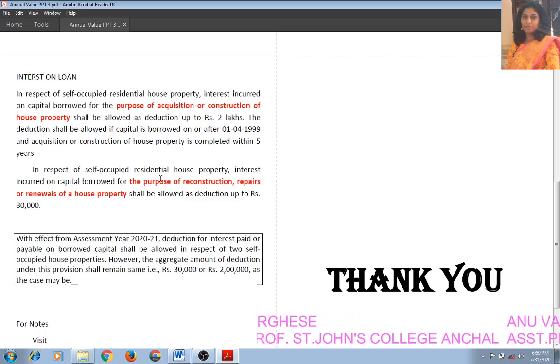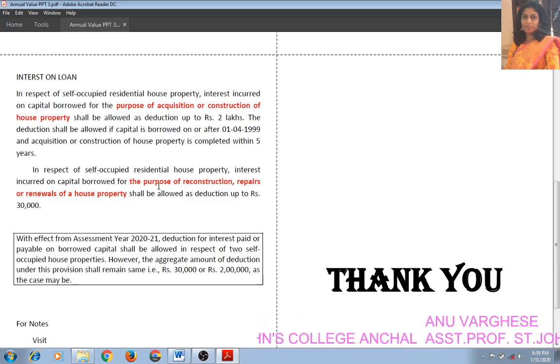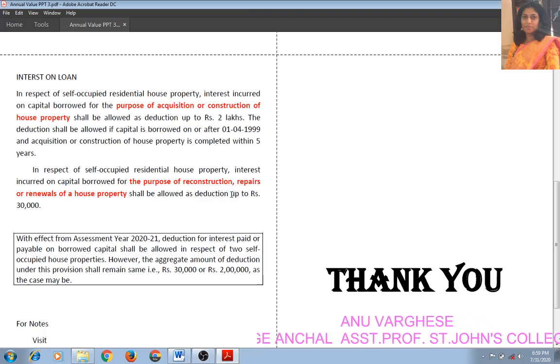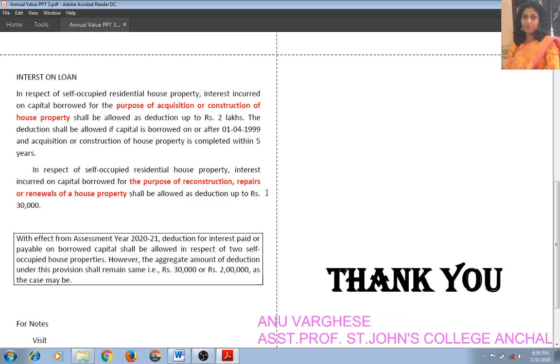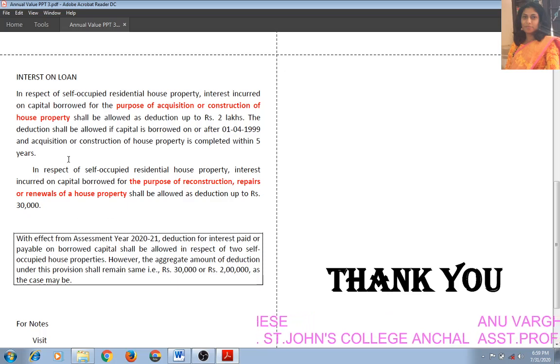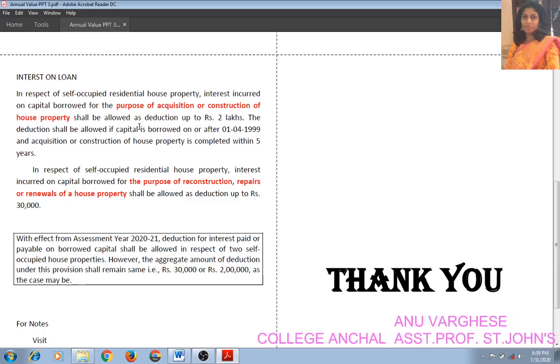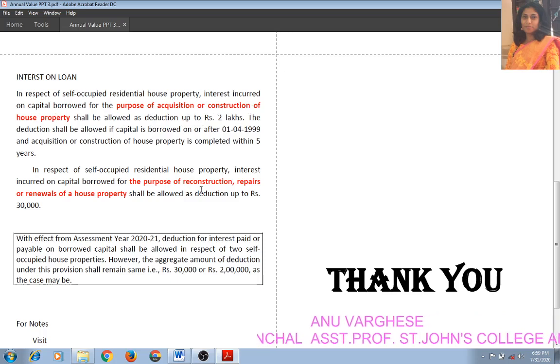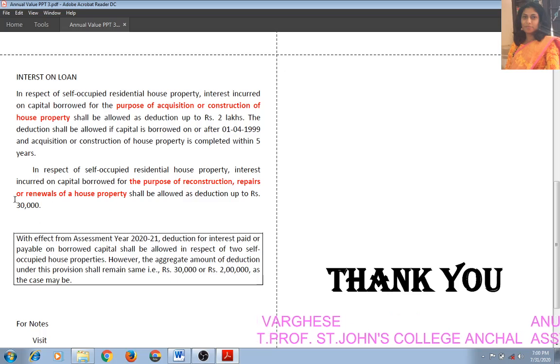In respect of self-occupied residential house property, if the purpose of the loan is reconstruction or repair or renewal of a house property, then the maximum limit is rupees 30,000. Okay, if it is for acquisition or construction, maximum amount of interest is rupees 2 lakhs. And if you are taking loan for the purpose of reconstruction, repair or renewal of a house property, maximum deduction is rupees 30,000.